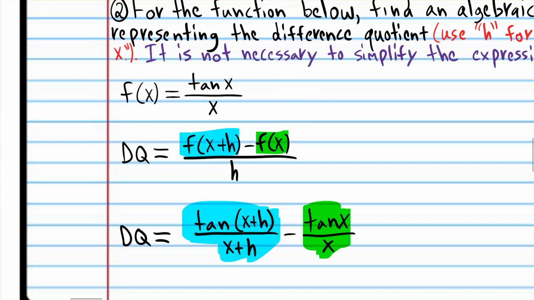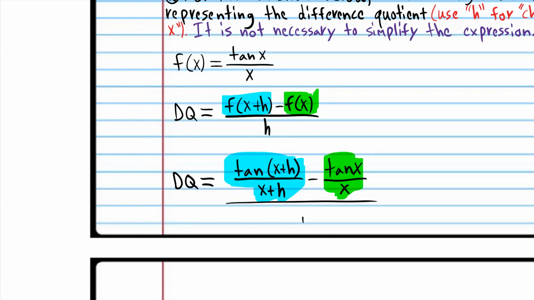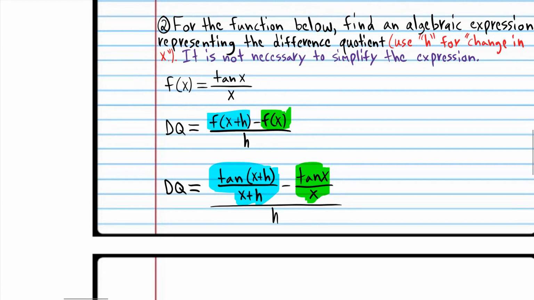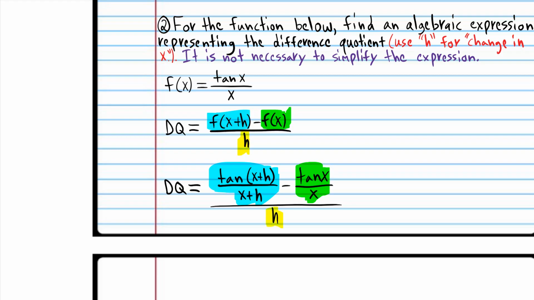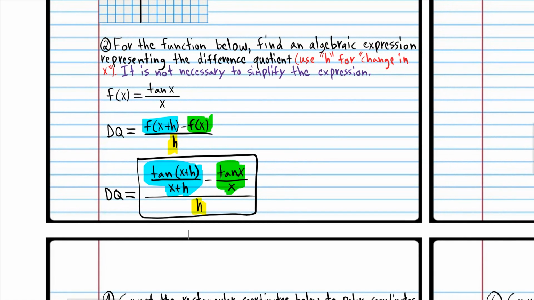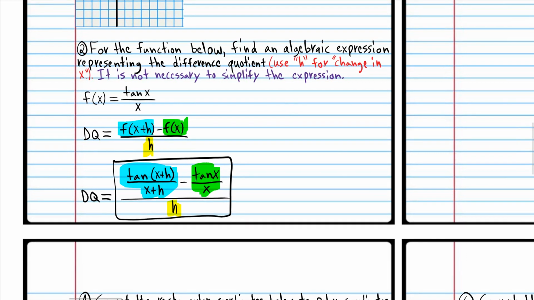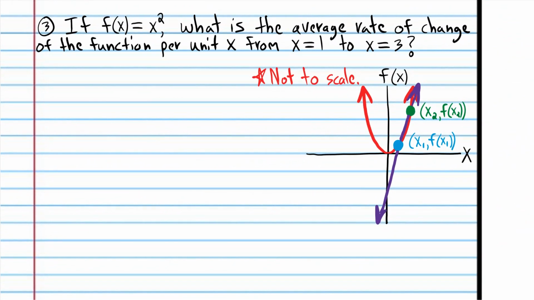So that is f of x, and then we're going to divide all that by h. So that is the difference quotient. Of course, you don't have to use these colors. That's just to help you figure out what it is that we found. So if you got that right, excellent. Okay, go ahead and try number 3. When you come back, we'll do it together.